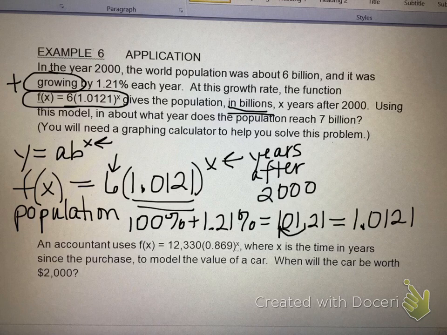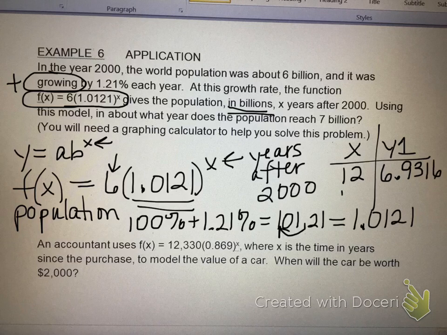As you look at your table, you'll notice on your table when you see x and y1, that 12 is the very last number that shows 6.9316. The first time we see it switch to 7 billion is at year 13.